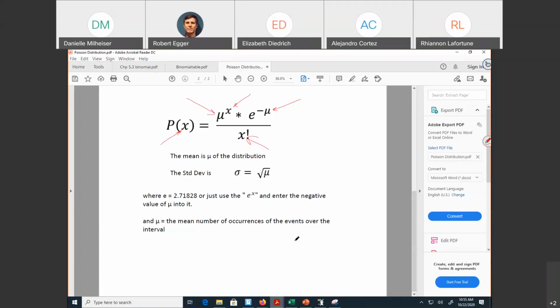If I know what I'm looking for within the interval, how many times five of these will happen, or 8 of these will happen, and it has an average rate of mu. That's all you need for Poisson. You don't need standard deviation, because standard deviation for Poisson is just the square root of the mean. All you need is the mean. That's it. So let's keep that in mind.